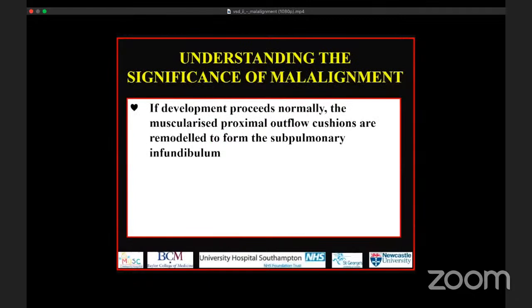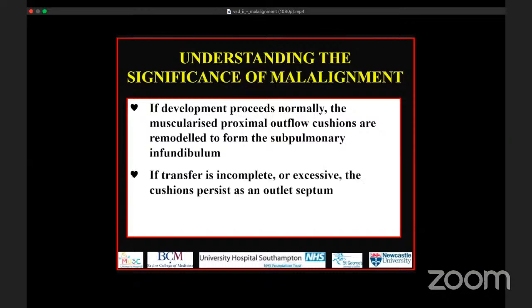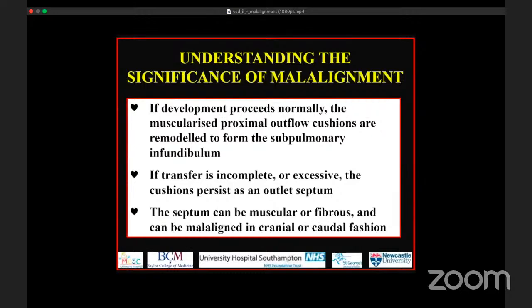If development proceeds normally, those proximal outflow cushions will then remodel and they will form the subpulmonary infundibulum as the membranous septum closes the tertiary interventricular foramen. But if transfer is incomplete or is excessive, then those cushions can persist as an outlet septum.